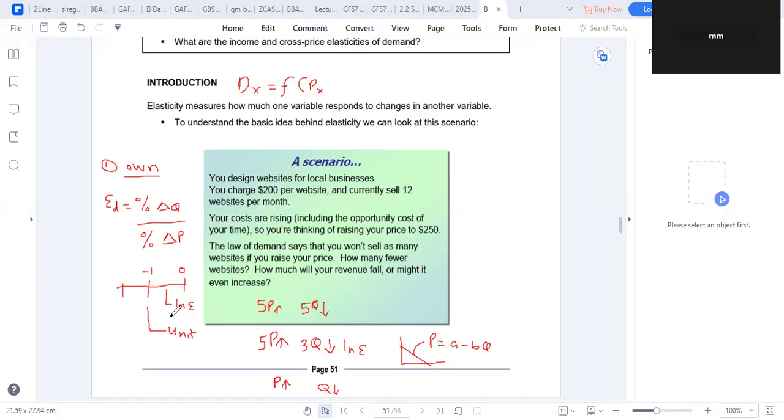So inelastic will range from 0 to 1. Negative 0.1 is inelastic, negative 0.4 is inelastic, negative 0.9 is inelastic, until you reach 1, which is unit elastic. Anything above 1 is elastic.